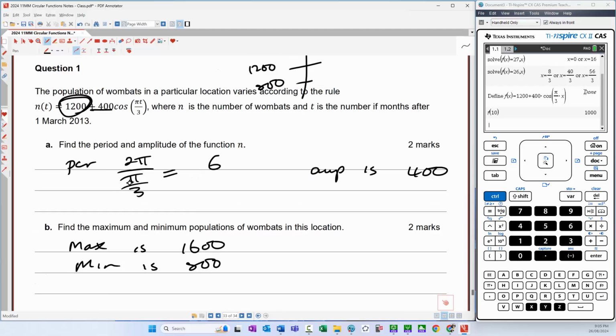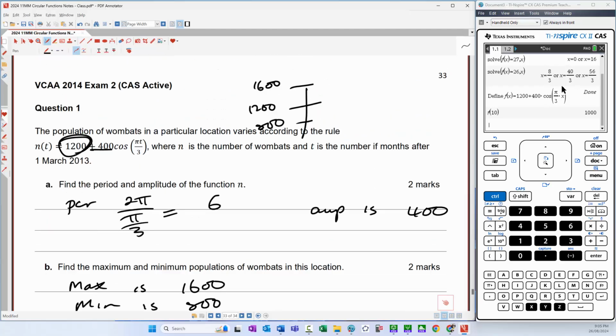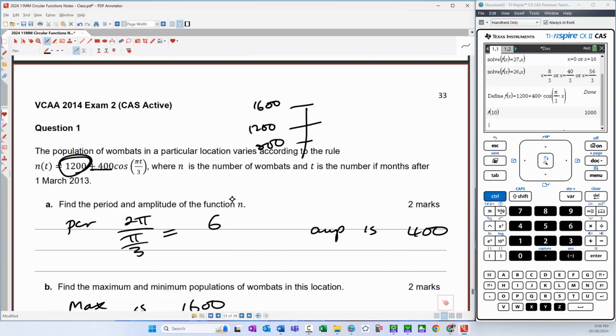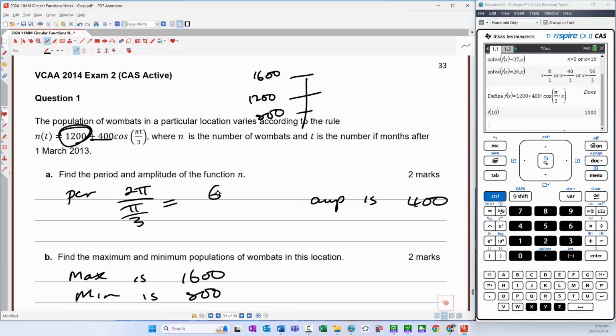Okay, so for this, I think we need to have a better look at the graph. So we're doing 12 months and the period is 6. So it's going to go through 2 full cycles. Let's just actually sketch this, I think is probably the best bet.